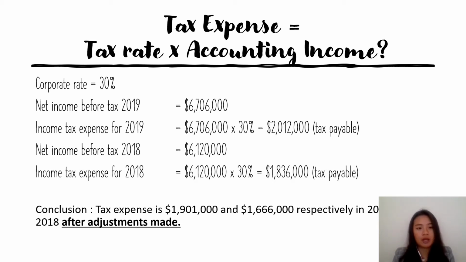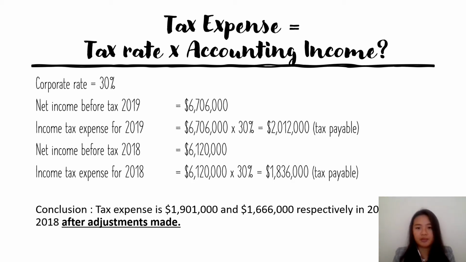If you look at the net income in 2019, it's $6.706 million times 30%, which results in $2.012 million. And the net income in 2018 is $6.120 million times 30%, which results in $1.836 million.